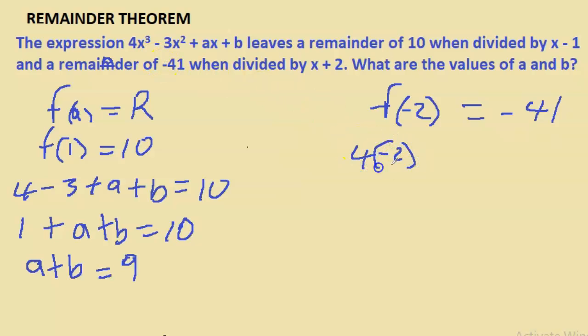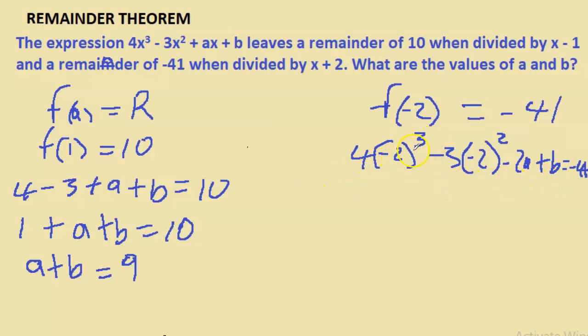Minus 2 all to the power of 3, minus 3, and then x squared, x is minus 2 to the power of 2, and then x is minus 2, so minus 2a plus b equal to minus 41.